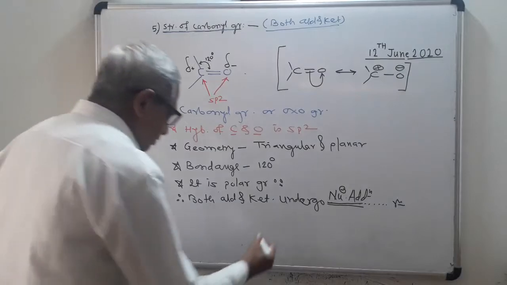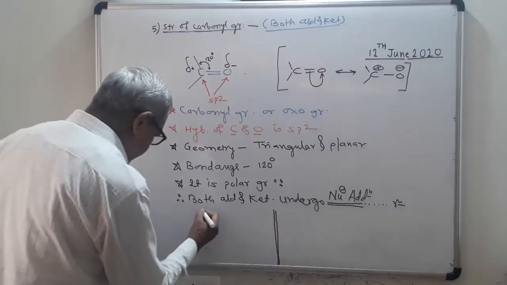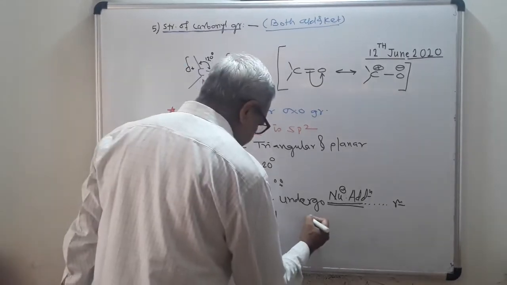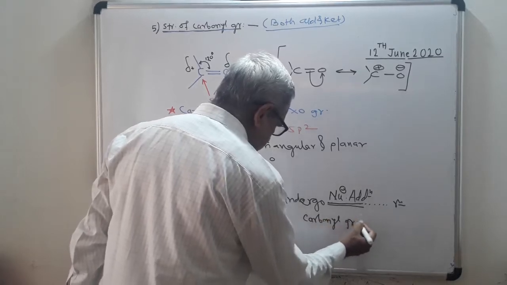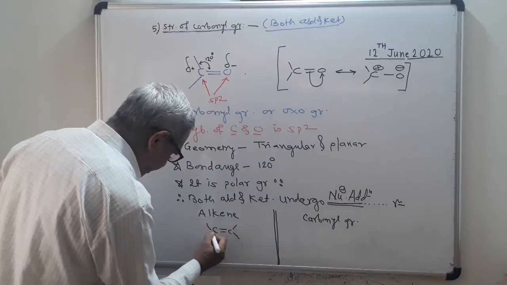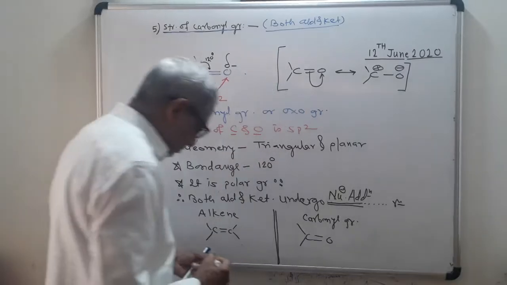Now I will set the question on the comparison. If you consider the term alkene and the term carbonyl group, the alkene contains a carbon-carbon double bond. The carbonyl group has the formula carbon-oxygen double bond.